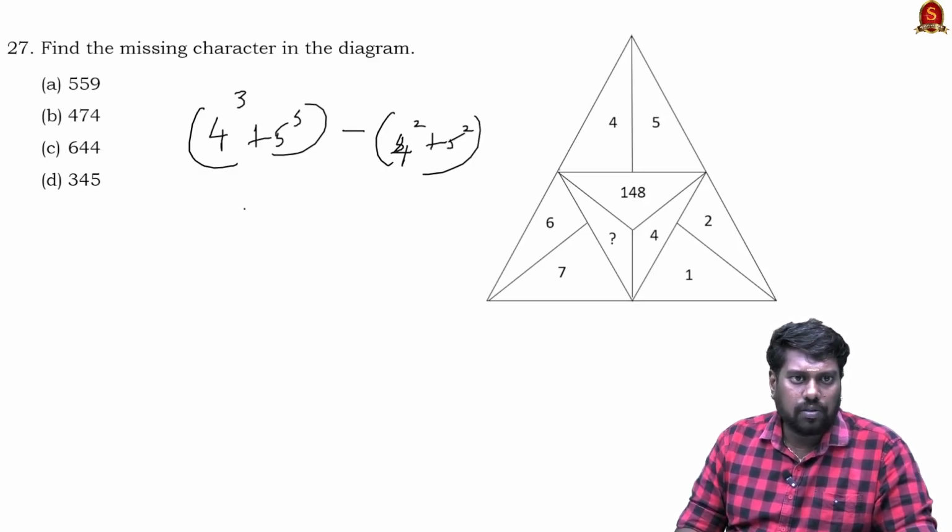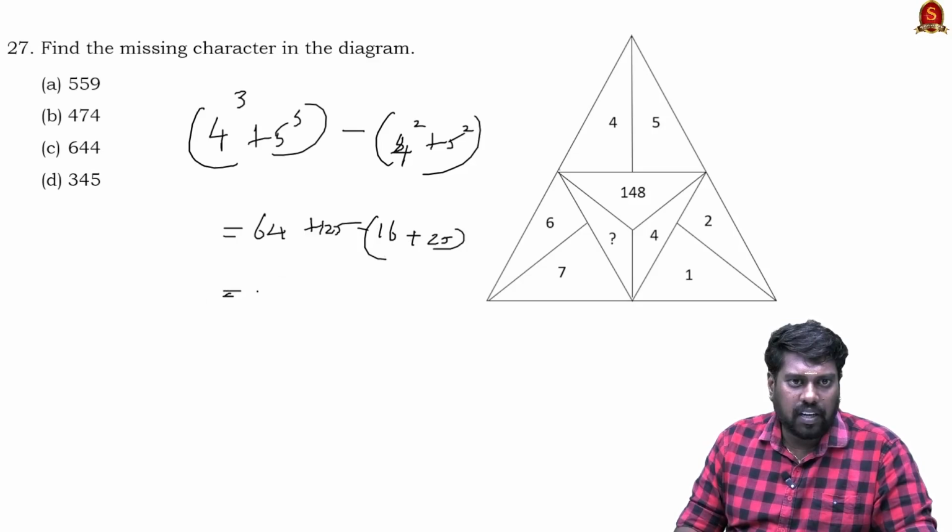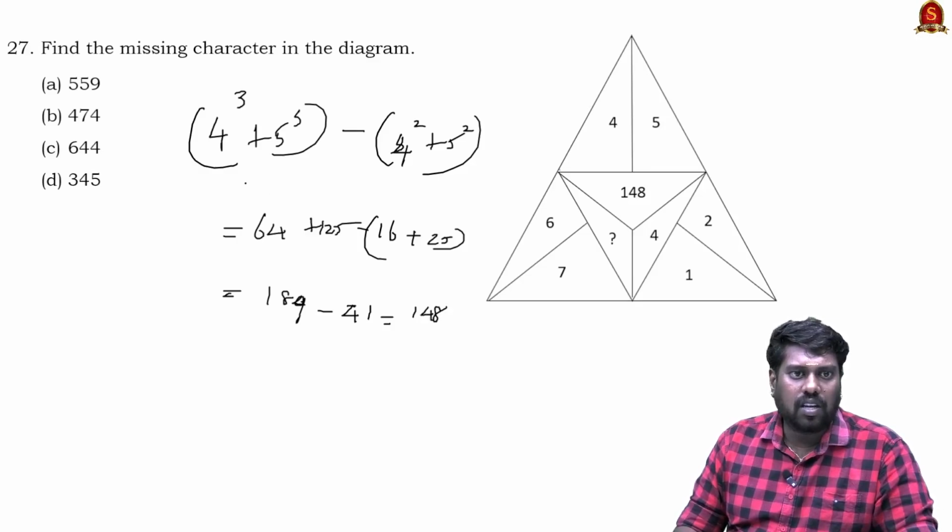So 4 cube is 64, 5 cube is 125, minus 4 square is 16, plus 5 square is 25. Here you will get 189, minus 16 plus 25, that is 41. So 189 minus 41 will be 148. This is the logic of the question.